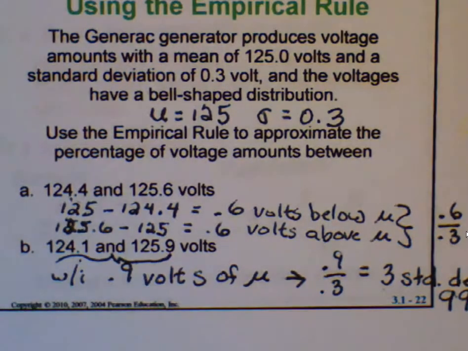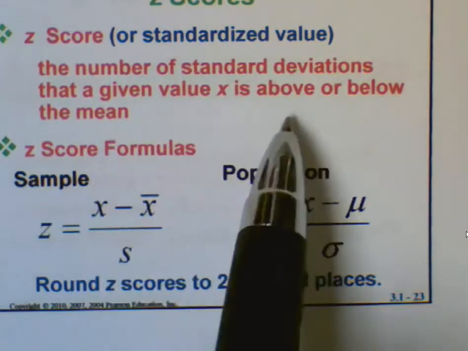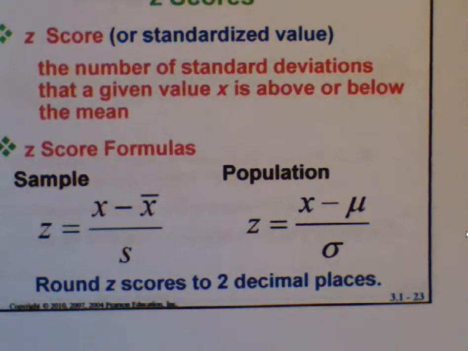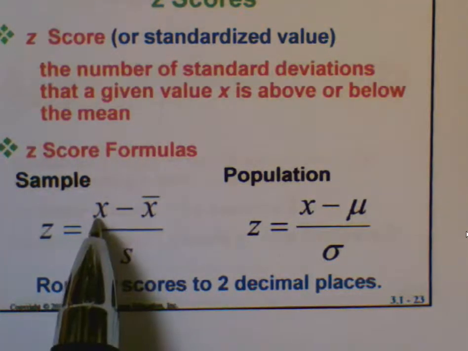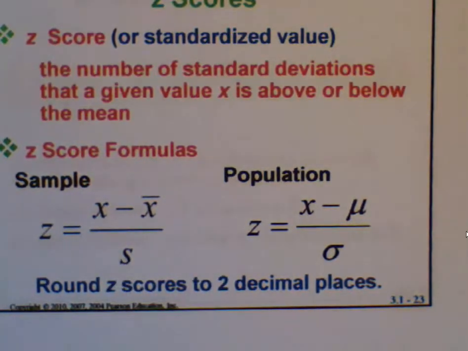Z-scores can be either positive or negative. They're positive for values that are above the mean. They're negative for values that are below the mean. And to find a z-score of a given data value, you just subtract the mean from that data value and then divide by the size of the standard deviation.